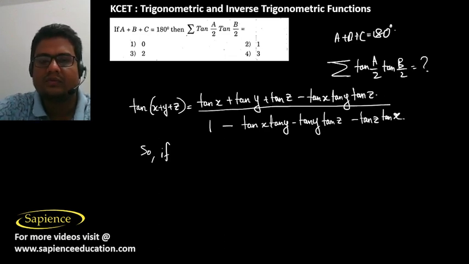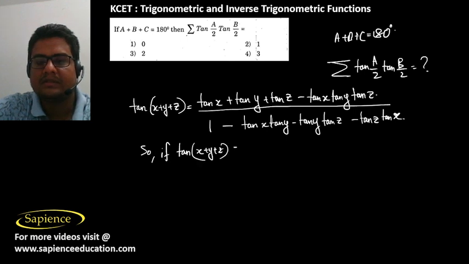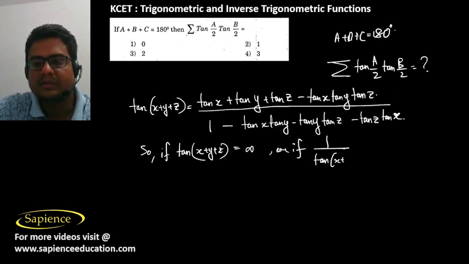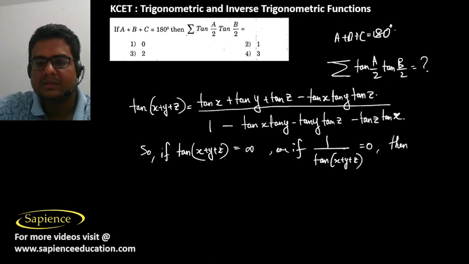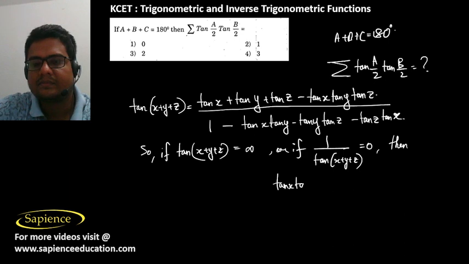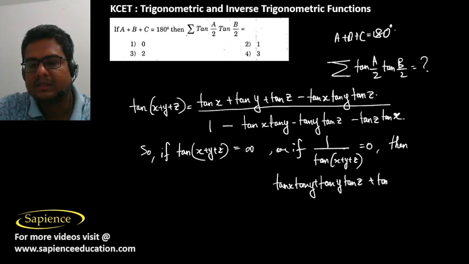So if tan x plus y plus z is equal to, suppose, infinity, or I can say if 1 by tan x plus y plus z is equal to 0, then it means that tan x tan y plus tan y tan z plus tan z tan x will be equal to 1.